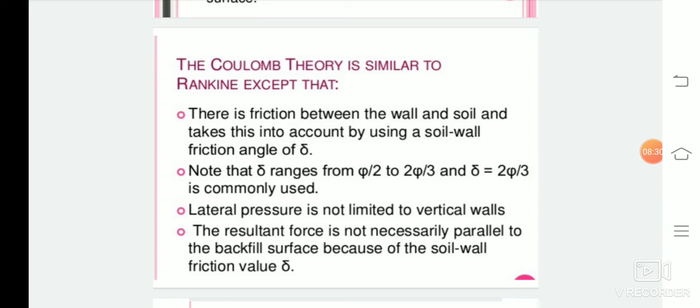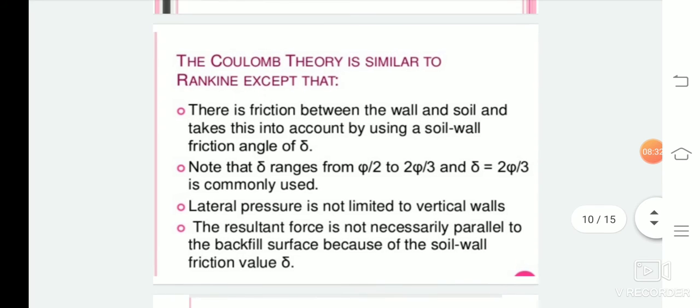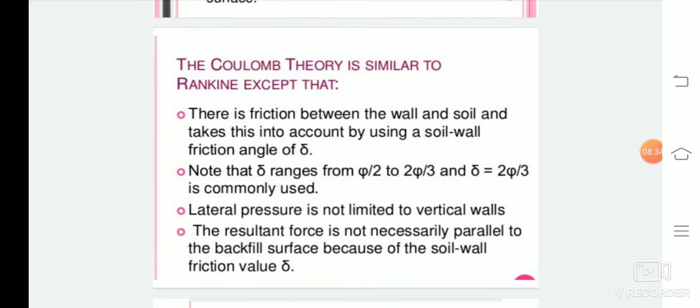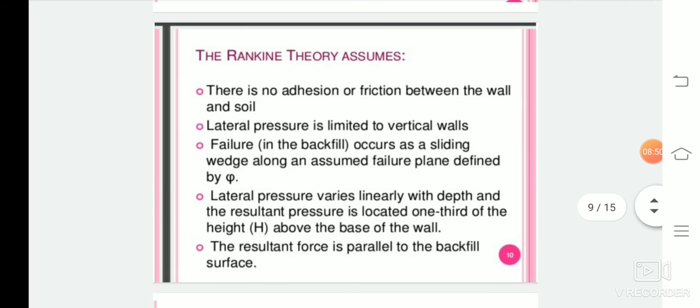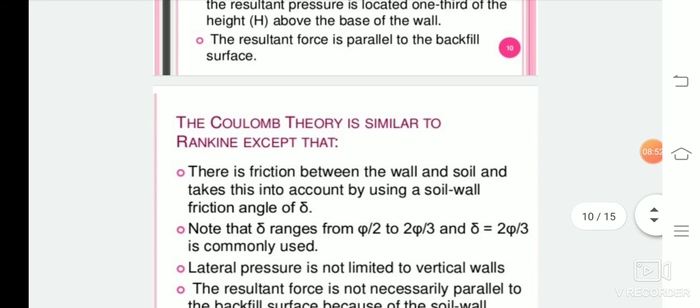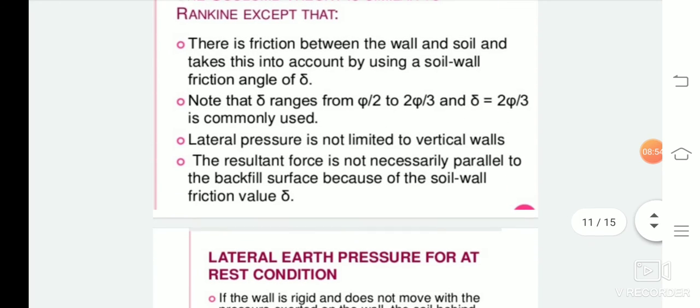And the resultant force is not necessarily parallel to the backfill surface, because of the soil-wall friction value delta. It may change depending on the value of delta. Hence, there is a slight difference between the Rankine theory and the Coulomb theory. We are going to study both theories consecutively.